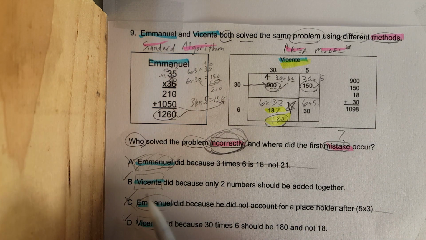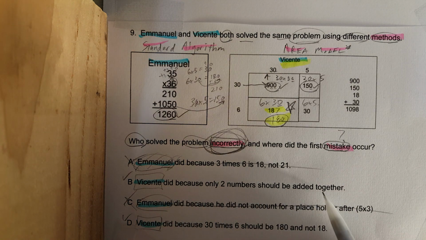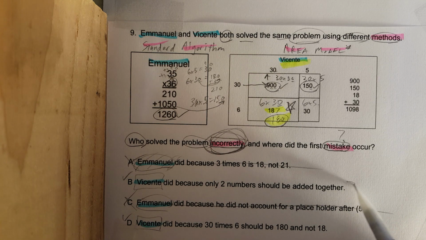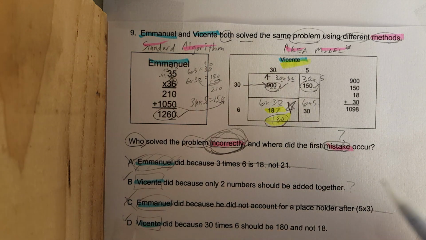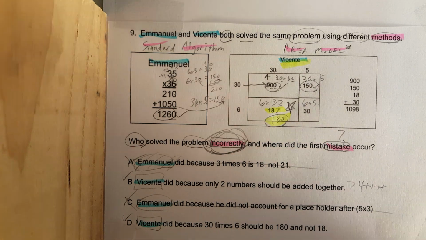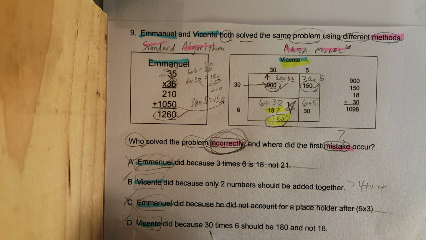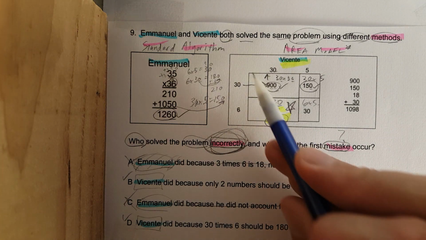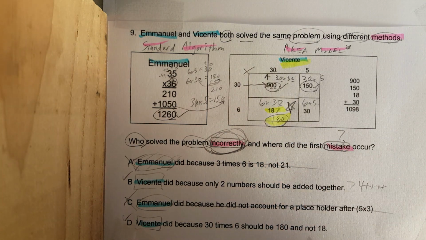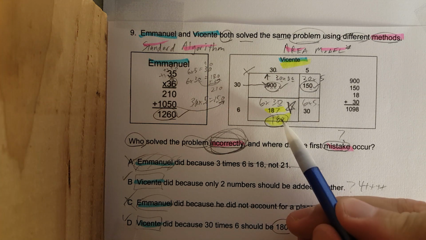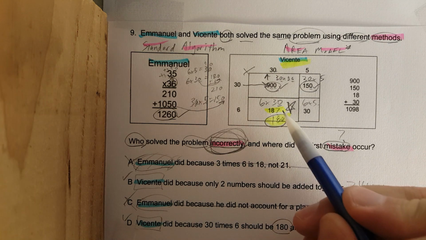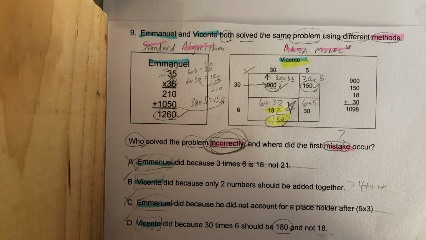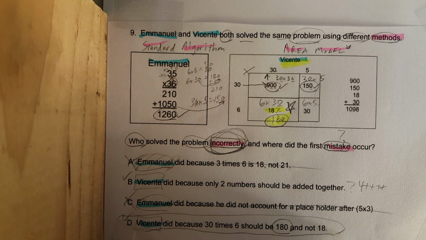So let's see what Vicente did in these two options. Only 2 numbers should be added together. That's confusing. There should be 4 numbers added together. Vicente did because 30 times 6, remember we're multiplying, should be 180 and not 18. That's what we found. That is the mistake.